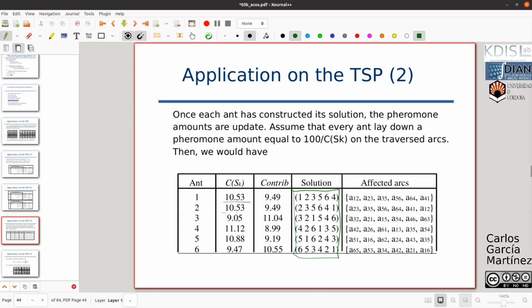These solutions have been evaluated, and according to these fitness values, they provide a pheromone contribution to the arcs that are in these solutions. So this contribution is laid on the arc 1, 2, and also on the arc 2, 3, 3, 5, and so on. And the same happens for the other ants.